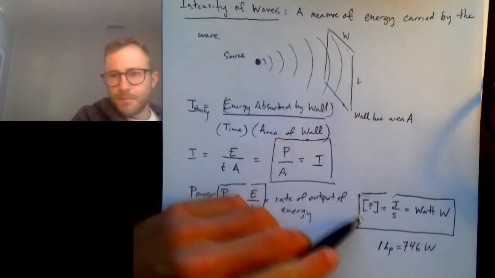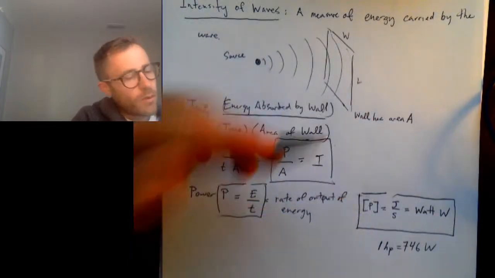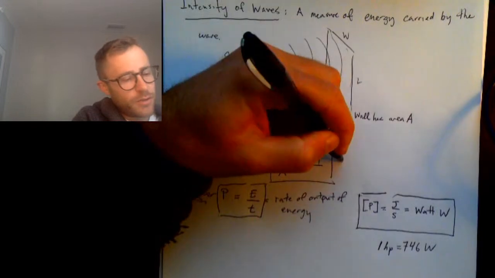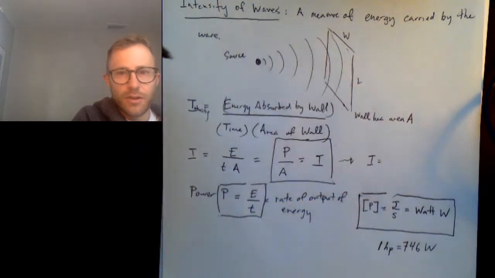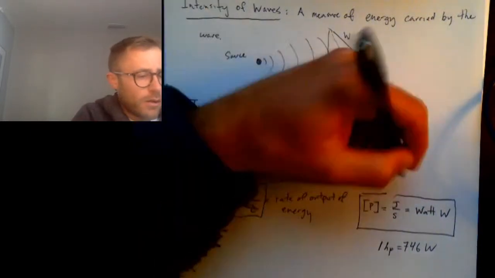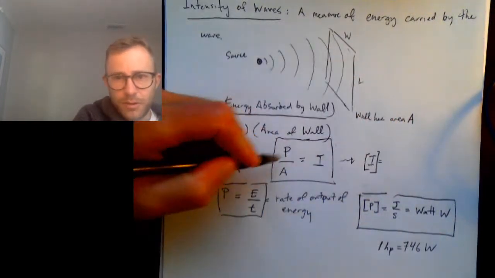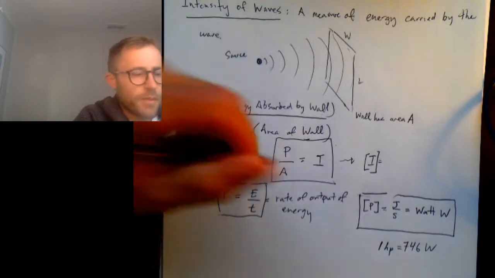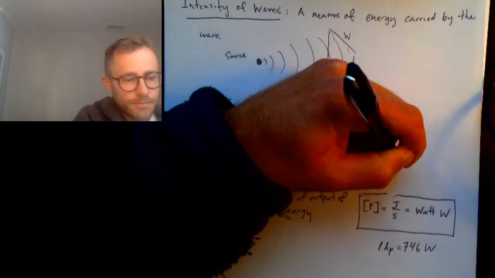So anyways, once we know what power is, we can then talk about the units of intensity. The units of intensity are going to be units of power divided by units of area, which is watts per square meter.